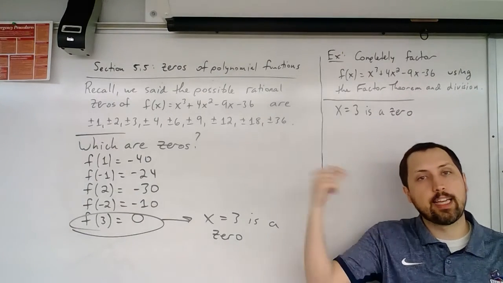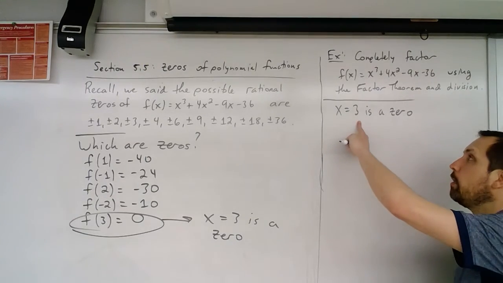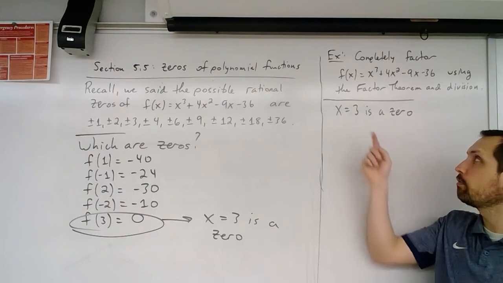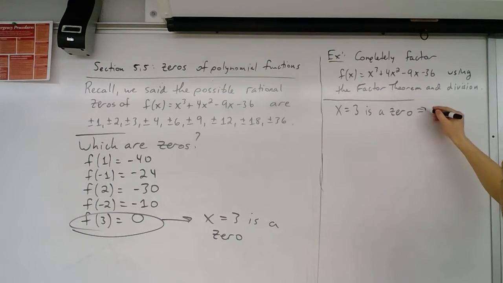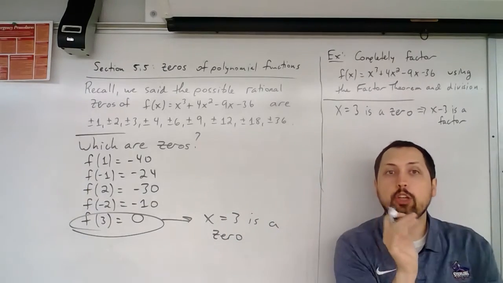Now what we just did in the previous video is we could use this zero to do some division. If we know x equals 3 is a zero, what this implies is that x minus 3 is a factor. So we're going to write this as x minus 3 times something else.